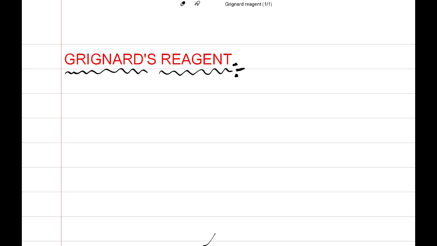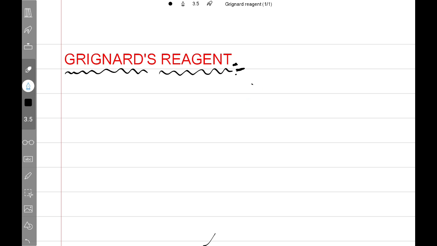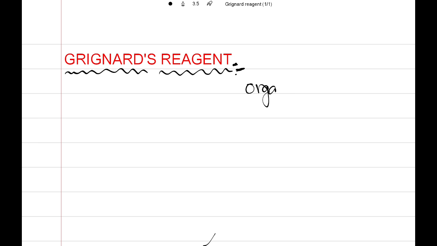Now, what is the Grignard reagent? Organomagnesium halides are called Grignard reagents.